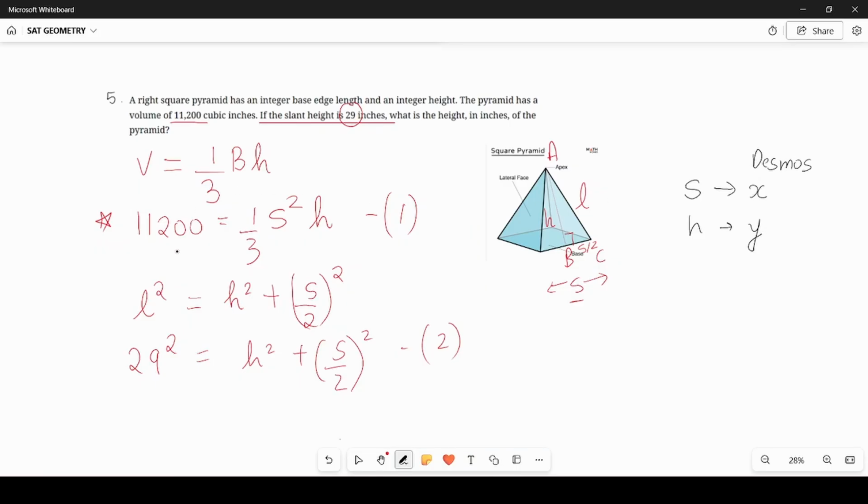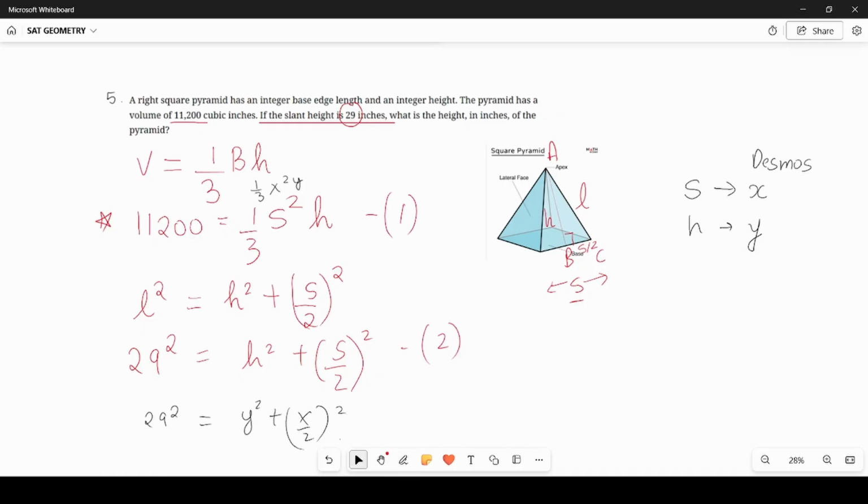So this equation will be 11,200 equals 1 by 3 x squared y. I'm just replacing S with X and H with Y. And this one would be 29 squared is equal to y squared plus x by 2 whole squared.